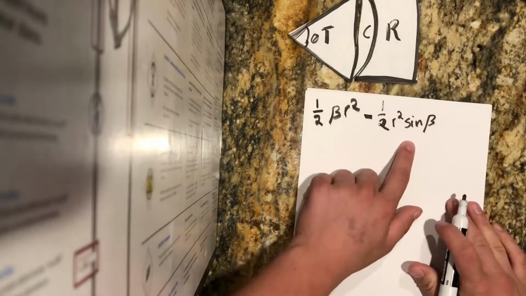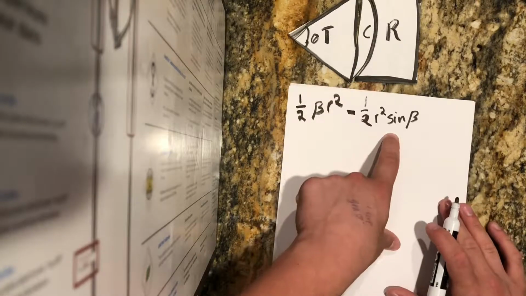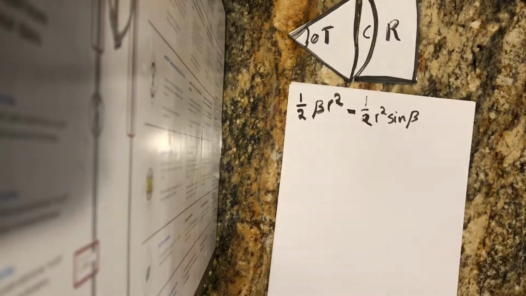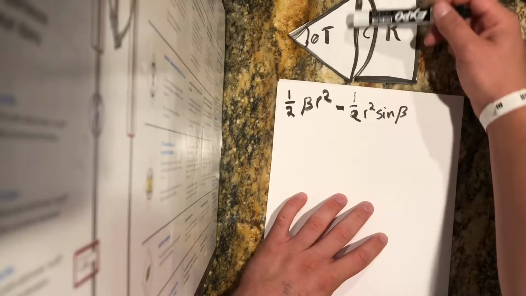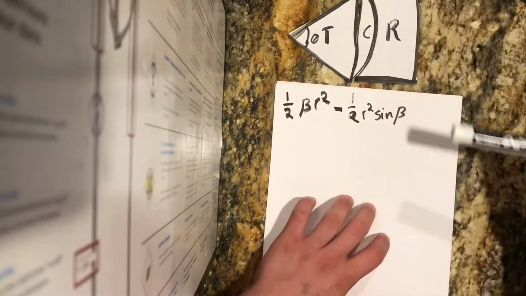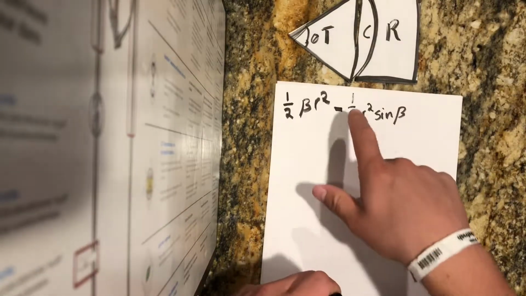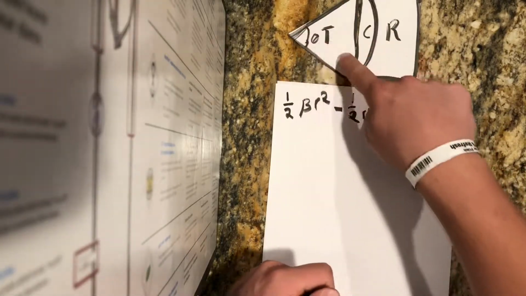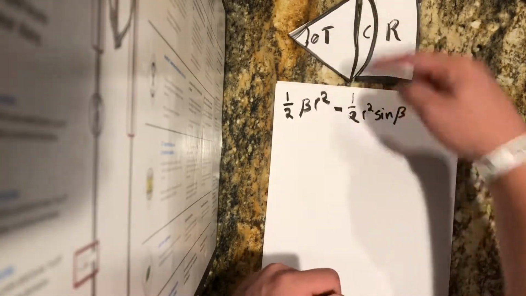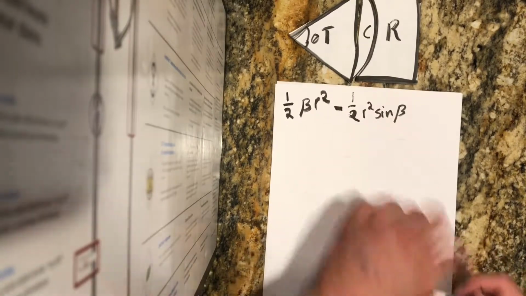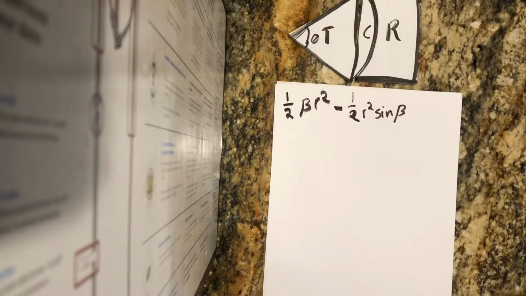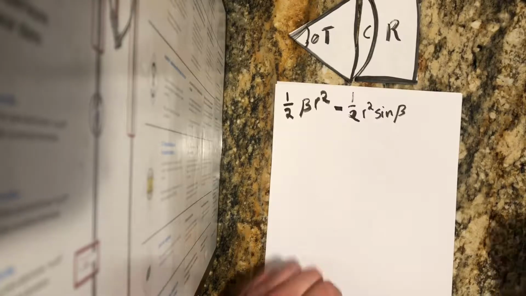Now, if you're confused where this came from, this is from the area of a triangle in terms of variables with a trigonometric function. We know 1/2 AB sine C. So the area of this triangle part is equal to 1/2 times its side lengths, AB, which is just radius squared, times the sine of theta or beta. So that's our expression in terms of C.